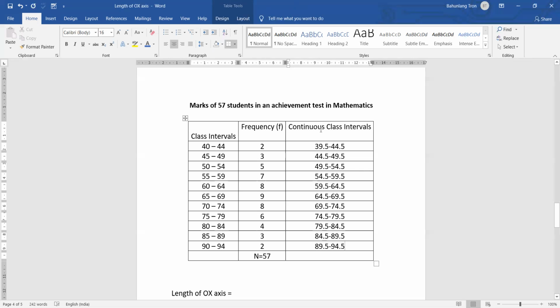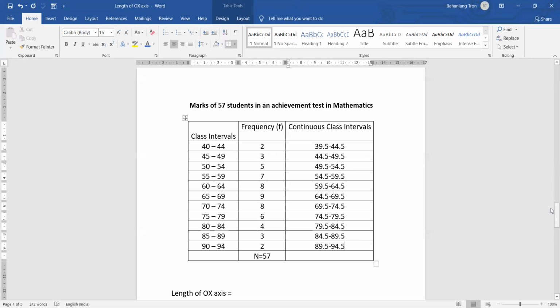In this way, we have converted this inclusive class interval into the exclusive class interval, whereby the series is converted into a continuous form. That will be the first step. How did we get this? We subtract 0.5 from the lower score, and we add 0.5 to the upper score.